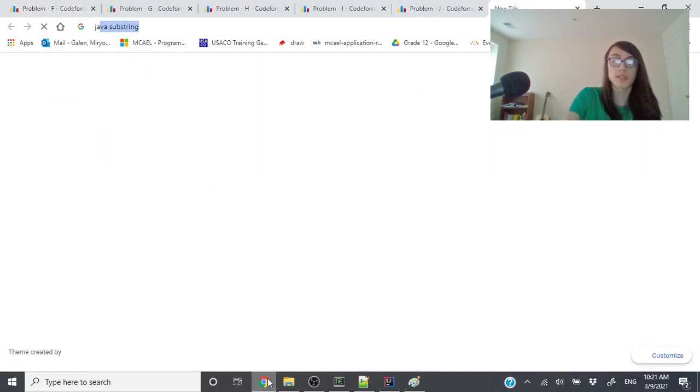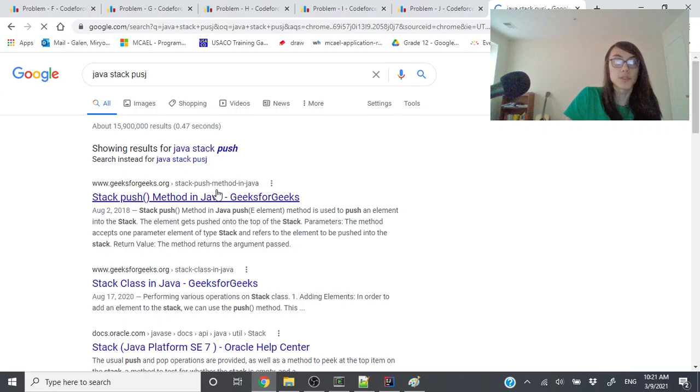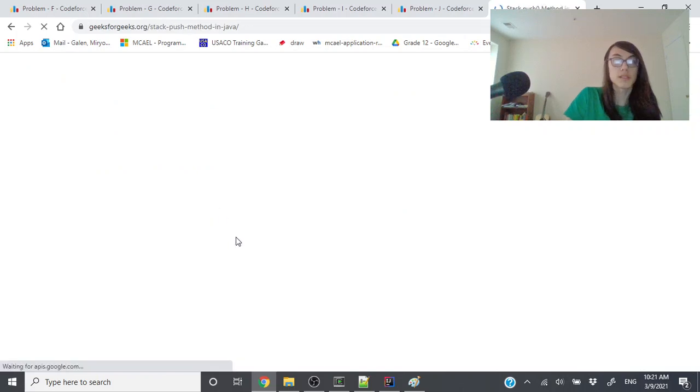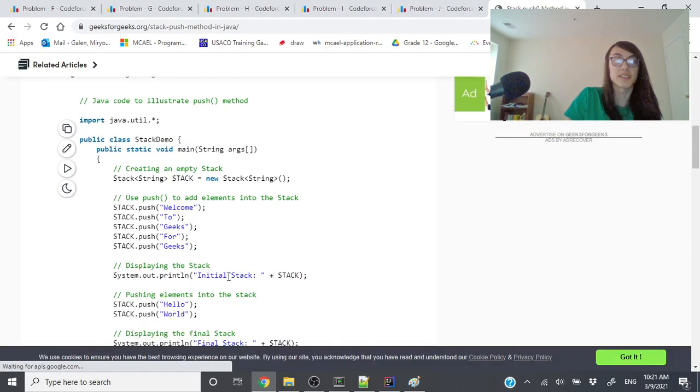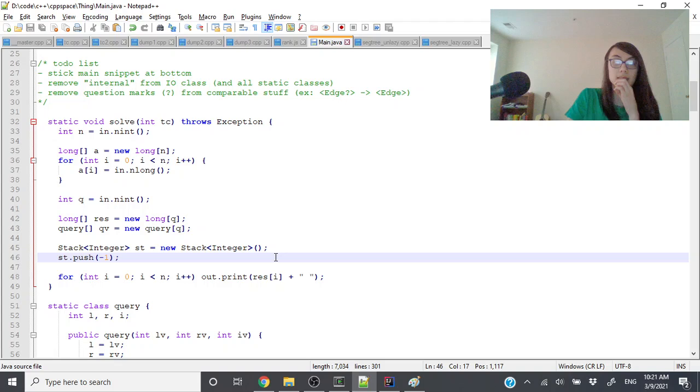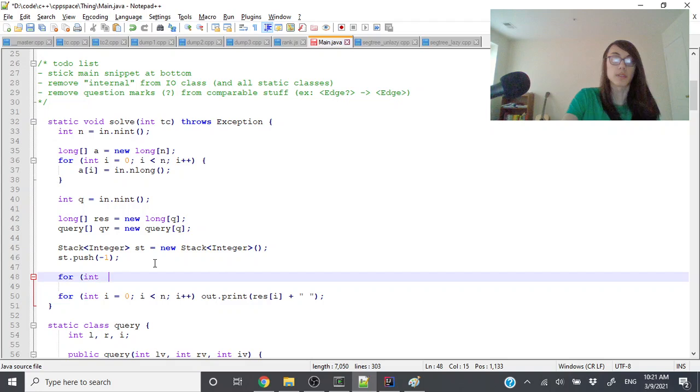How does this work? Java stack push. I can just do, shouldn't be on Geeks for Geeks, but okay, stack is fine. This works, right? Okay. For int r equals 0, r is less than 9, r plus plus.